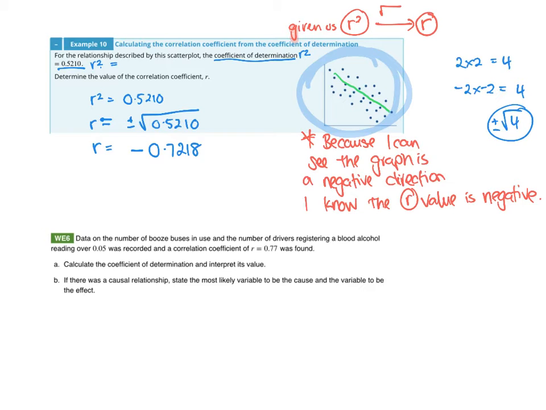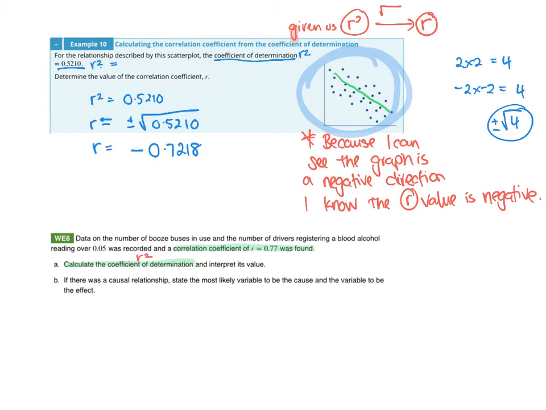The data on the number of booze buses in use and the number of drivers registering a blood alcohol reading over 0.05 was recorded, and the correlation coefficient R was found to be equal to 0.77. It says, first calculate the coefficient of determination. So first you're asked to find R squared.